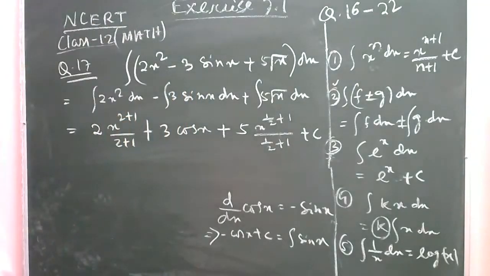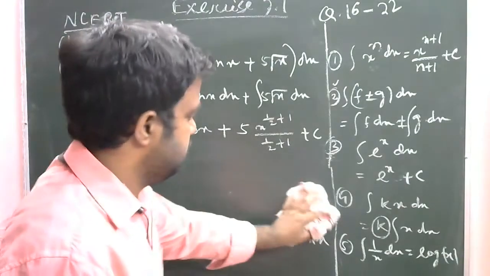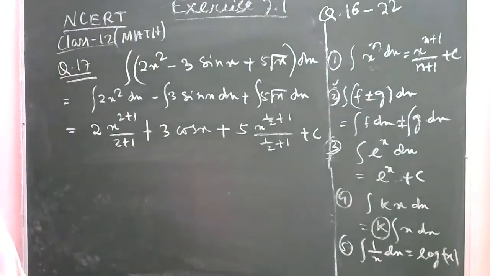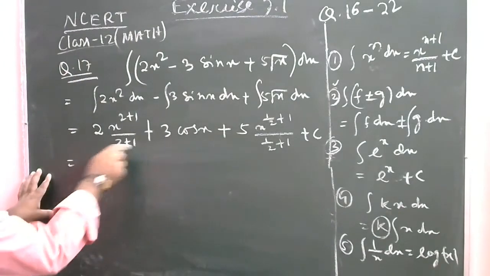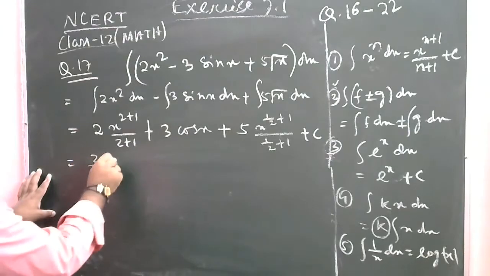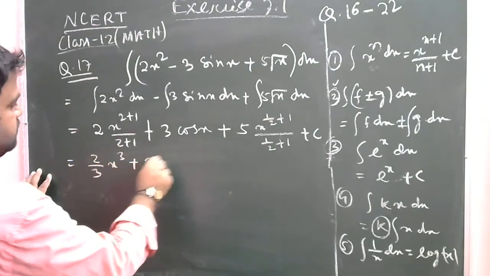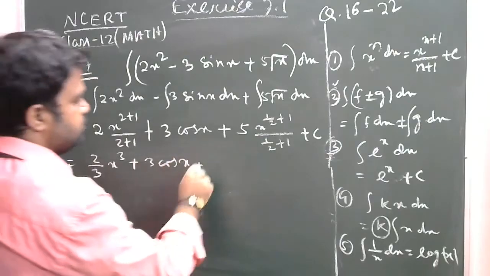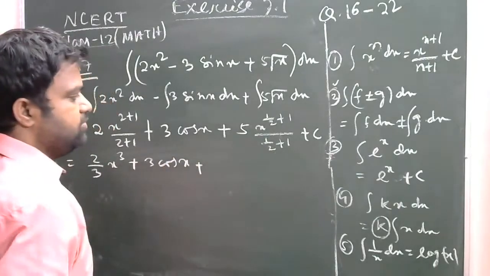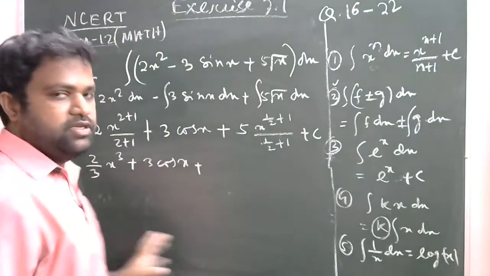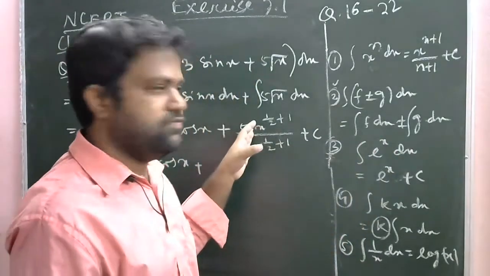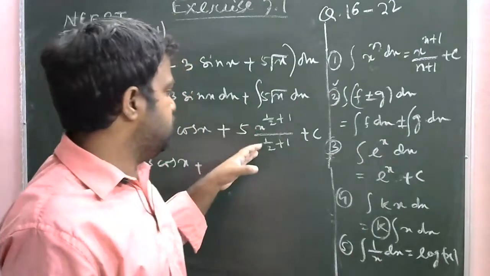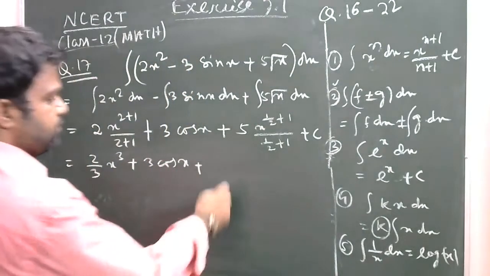Now you can simplify it easily. 2 plus 1 is 3, so 2 upon 3 x cubed plus 3 cos x. Half plus 1, LCM 2, 1 plus 2 is 3 by 2. The 3 by 2 is in the denominator; if I take it to the numerator, it becomes 2 by 3.